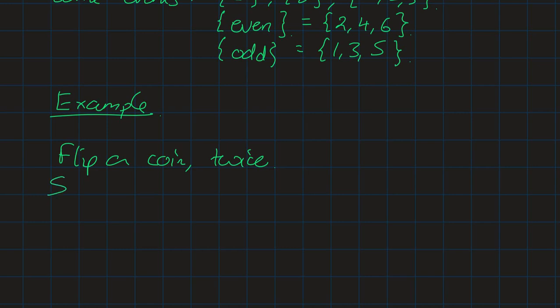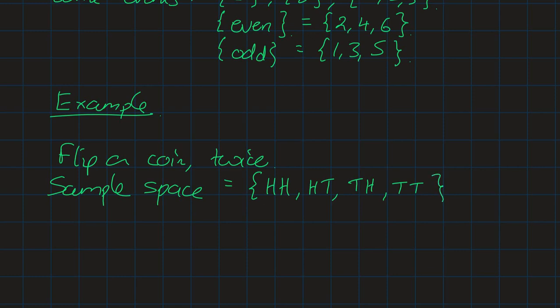So the sample space for this will look like: maybe my first flip is a head and my second flip is a head. Maybe my first one's a heads and then a tails, or maybe it's a tails and then a heads, or maybe it's a tails and a tails.